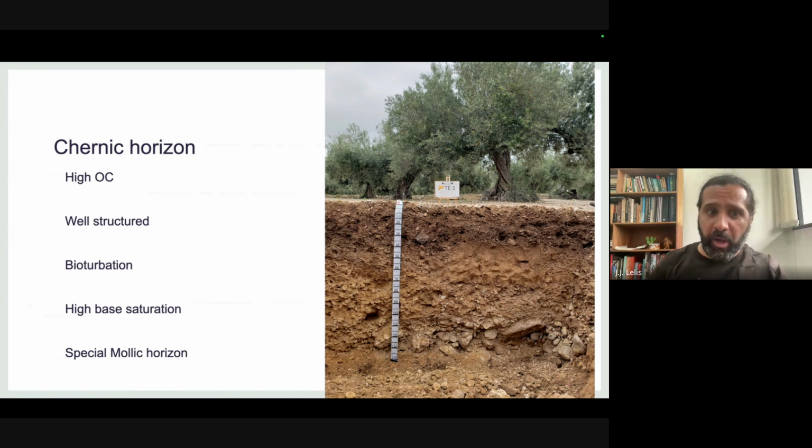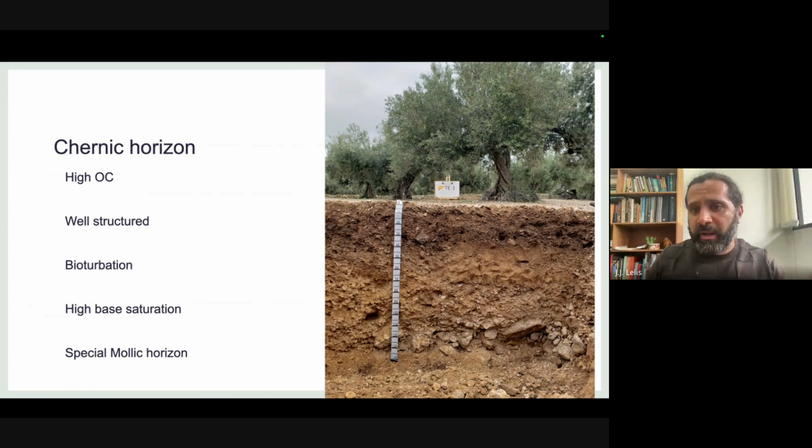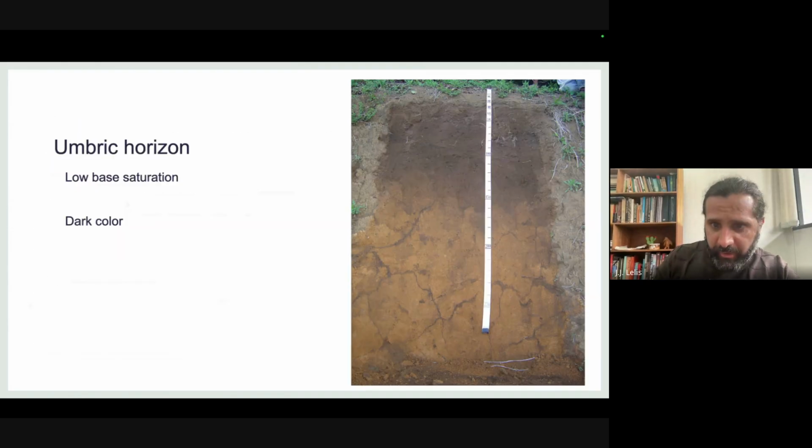Okay, so we have the mollic and chernic horizons in WRB, but in soil taxonomy, we just have the mollic epipedon. We also saw the umbric horizon. That's a horizon that also could host a high content of organic carbon, but in this case, the umbric horizon is not formed by interaction between calcium and organic matter. In this case, we have more interaction with aluminium and also clay minerals with the organic matter.